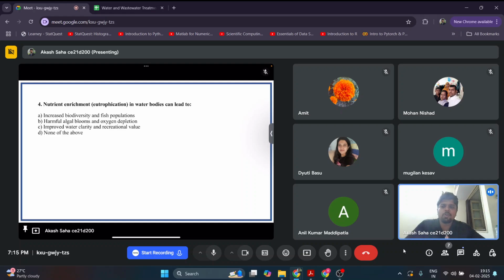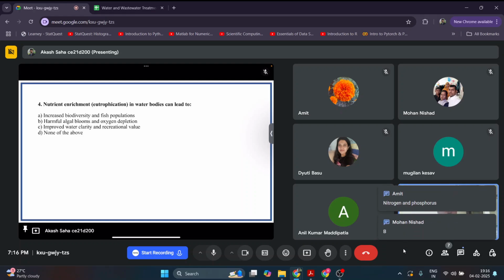Can someone tell me what are the typical nutrients which cause this eutrophication? What are these nutrients? Examples? Like nitrogen and phosphorus. Yeah, definitely. Nitrogen and phosphorus. These are the main nutrients. Yeah, right. So what do you think will happen in the case of eutrophication?